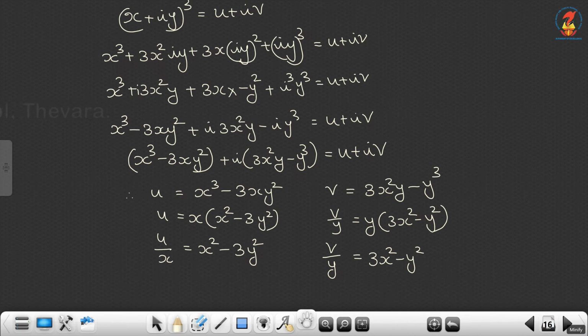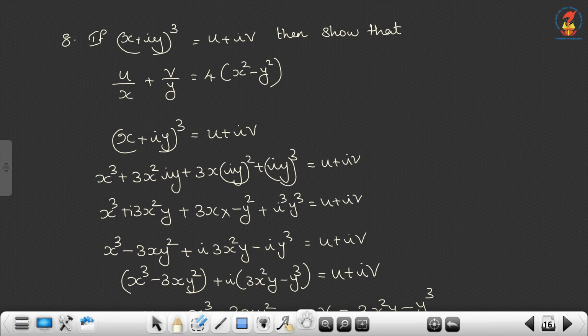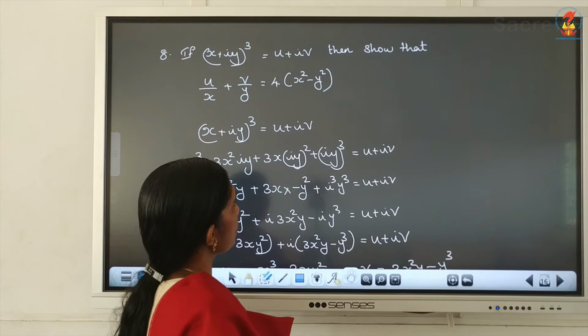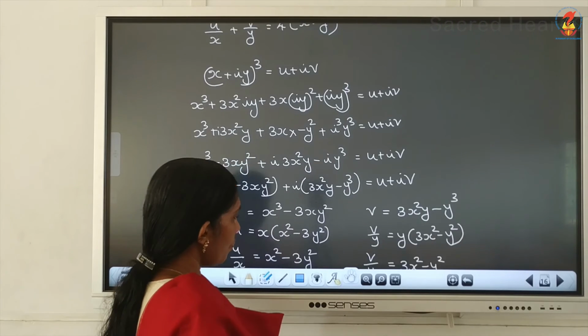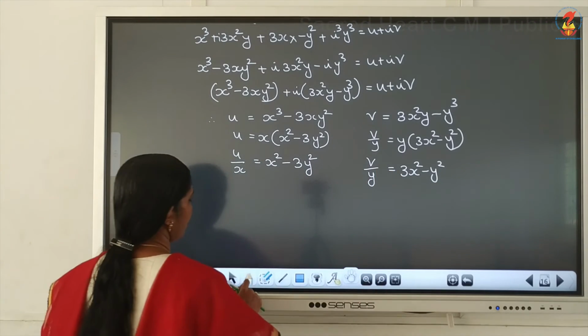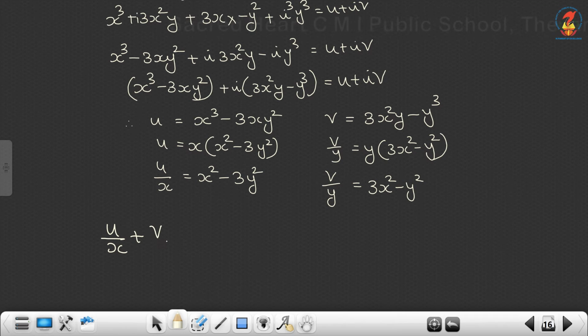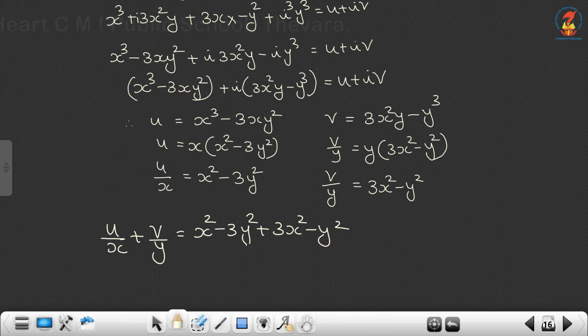Then look at the question. We have to show that u/x + v/y is 4 times (x² − y²). So we have to add this expression and this expression. So add it: u/x + v/y is (x² − 3y²) + (3x² − y²).